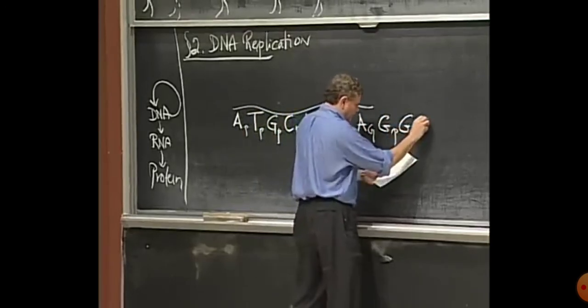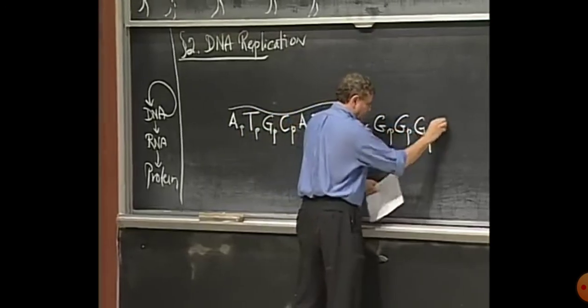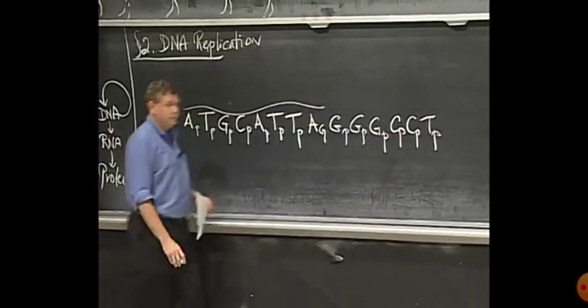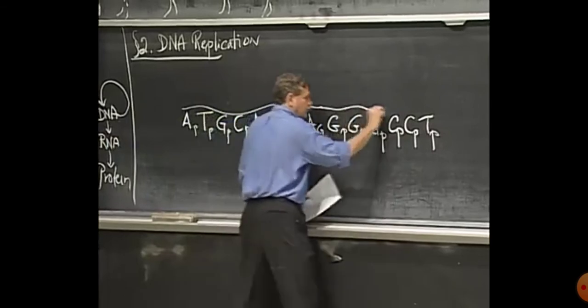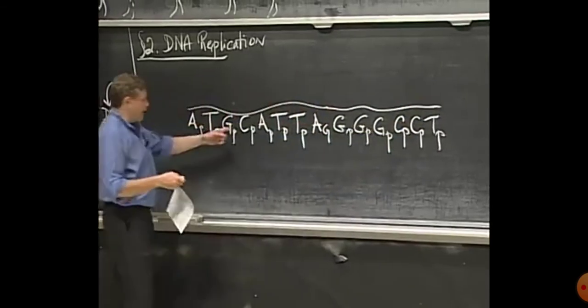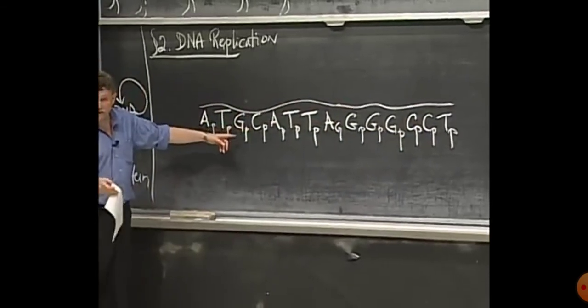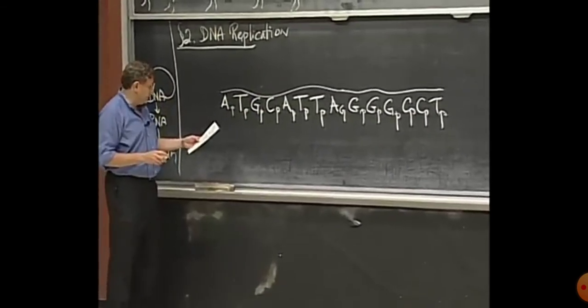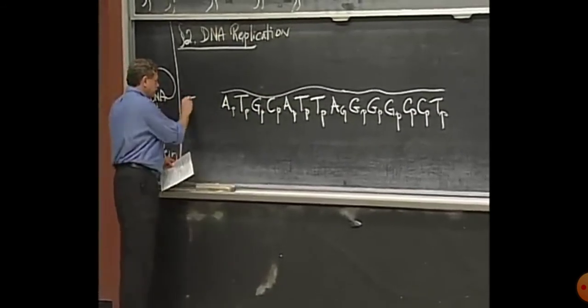I'm not going to write the phosphates too much longer, guys, but anyway, C, phosphate, T, phosphate, like that. Pretty soon, in fact, almost immediately, I'll start dropping the phosphates in here, but that is the way it goes. All right, that's a template.